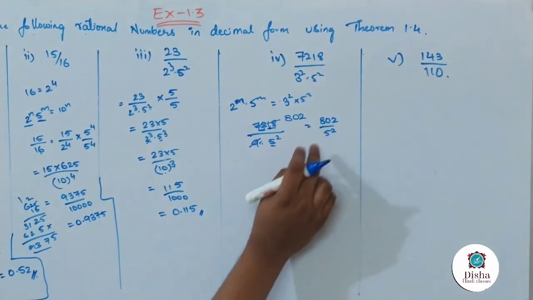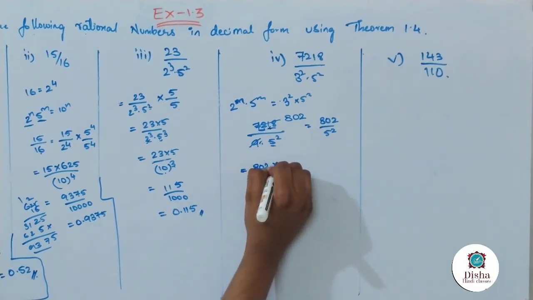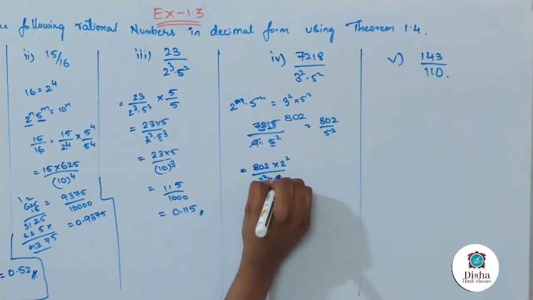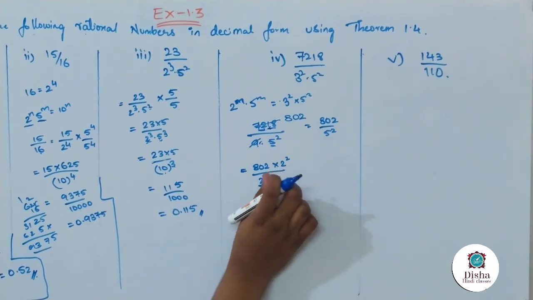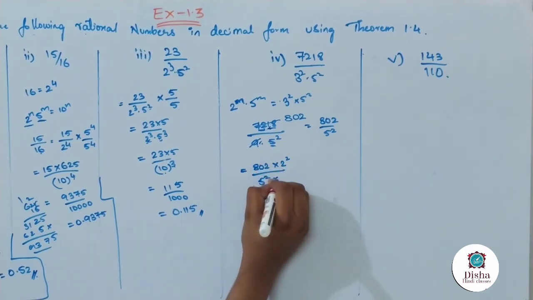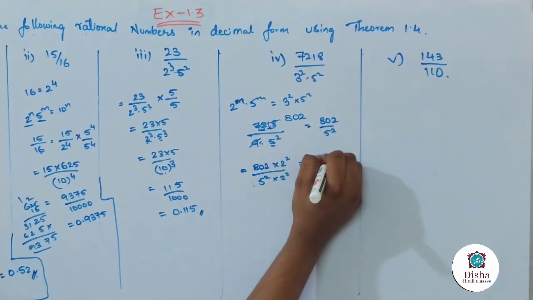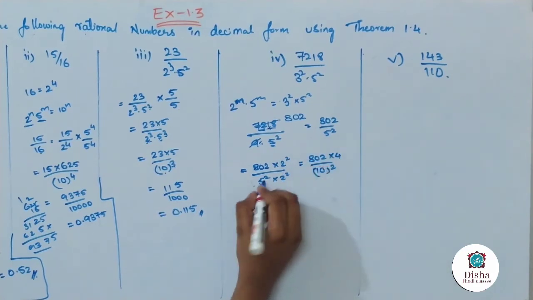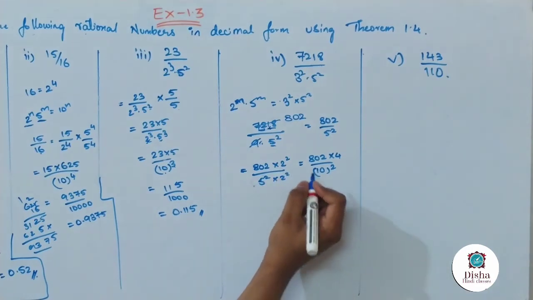So now what we want? We want 2 square here. So what we do? 802 into 2 square by 2 square into 5 square. We multiply 2 square on the numerator and on the denominator. So we can write 5 square into 2 square, so 802 into 4 by 10 to the power of 2, since a power n into b power n equals (a into b) whole power n.